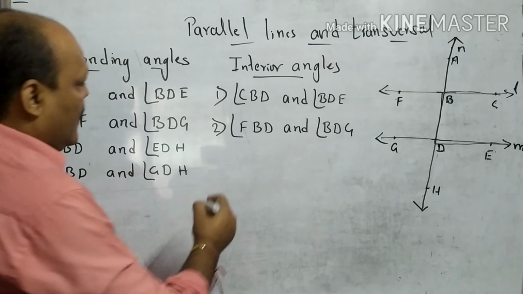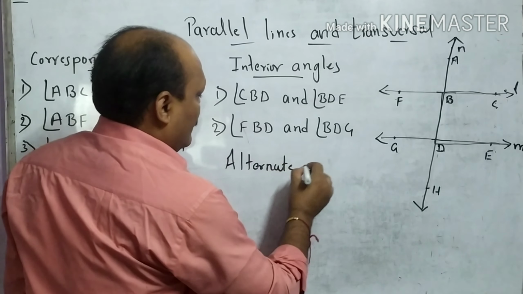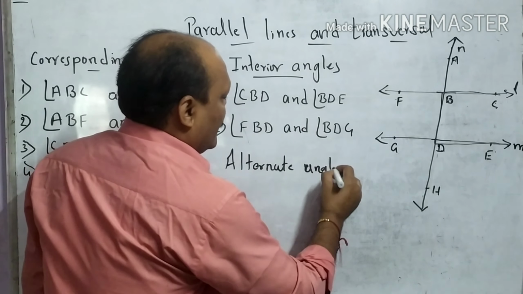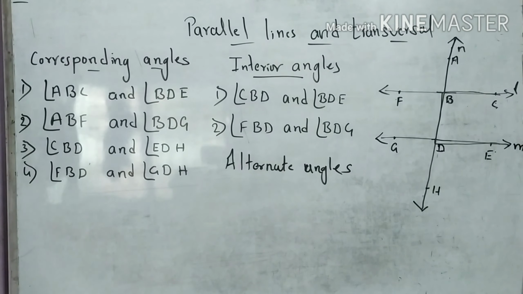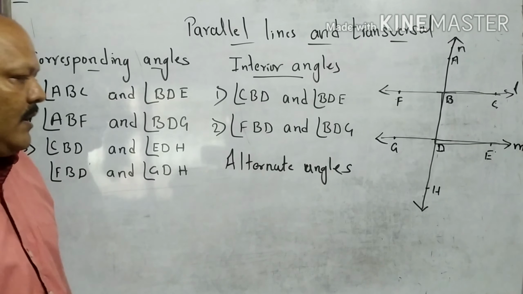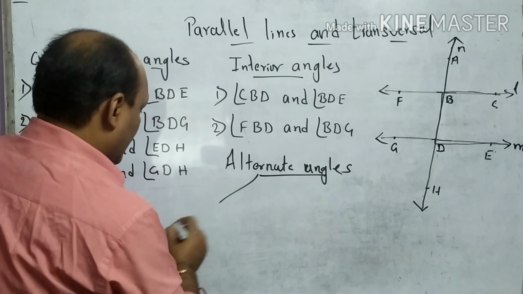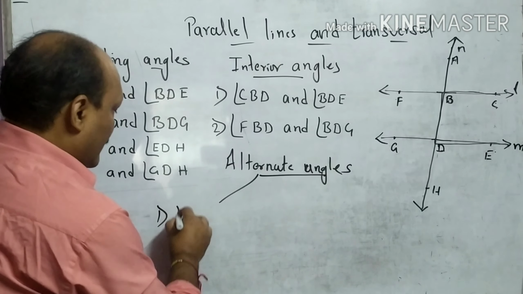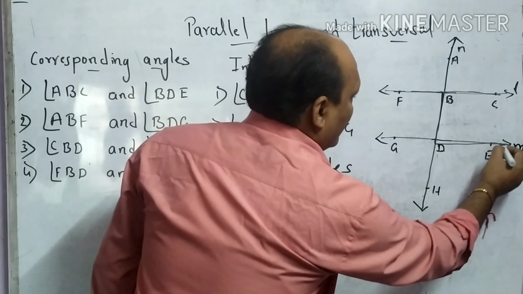Now come to the alternate angles. There are two types of alternate angles: interior alternate angle and exterior alternate angle. First of all, we will learn about the interior alternate angle. Interior means its form is Z. It completes a Z. It will start from here and end over here.